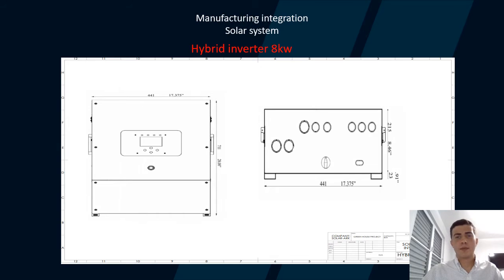In this part, we have the hybrid inverter of 8 kilowatts of power potential. This is the immediate energy that the house requires, and these are all the dimensions of the hybrid inverter and the requirements needed to operate it in the house.